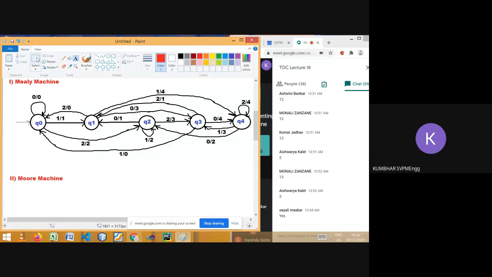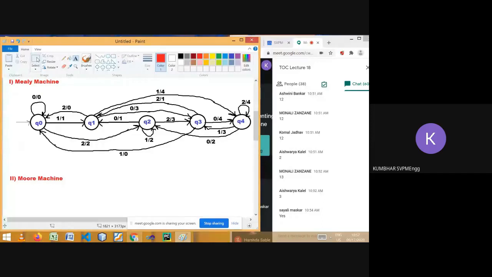Have you understood the concept clearly or do you have any doubt in your mind? 5 states, sir. Do you all agree 5 states in the Moore machine also? Please give me a quick reply on chat.